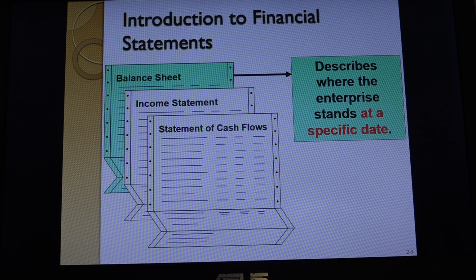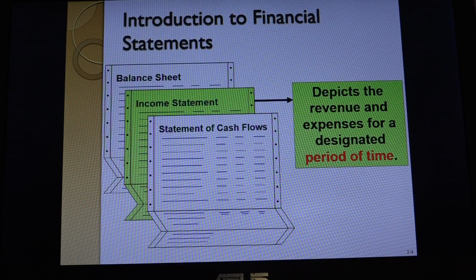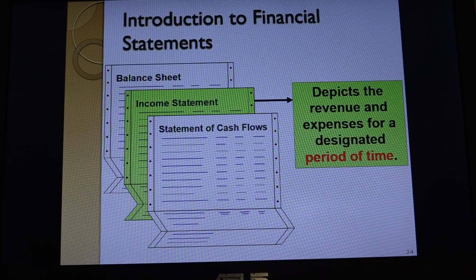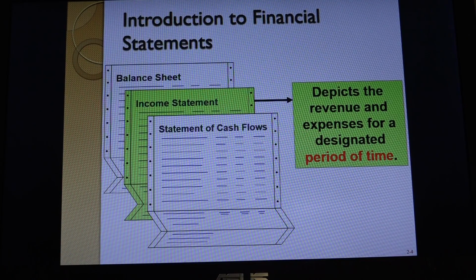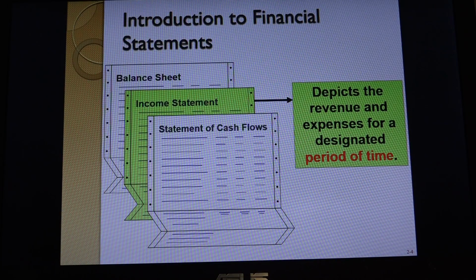Now, on top of that, we like to keep score for a period of time. Well, how did we do with our revenues as compared to our expenses? Because revenues minus expenses, for the most part, equals net income.